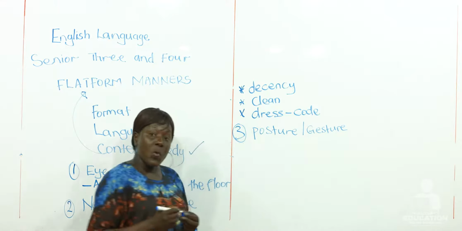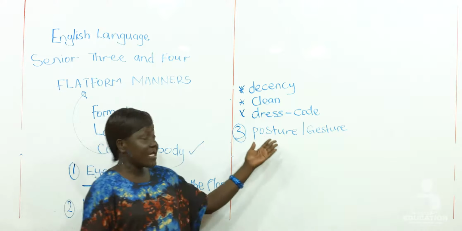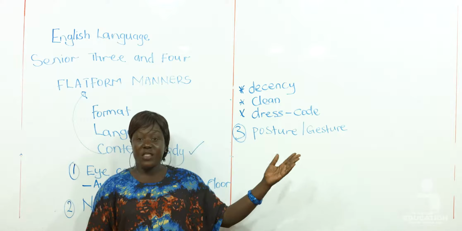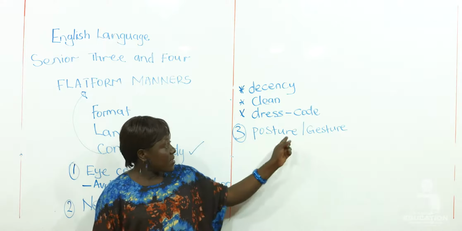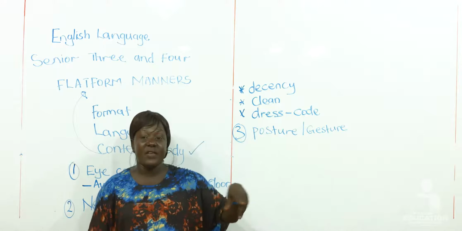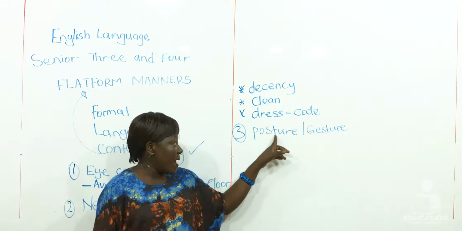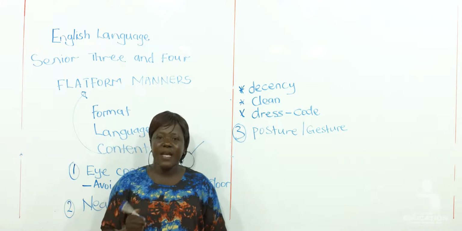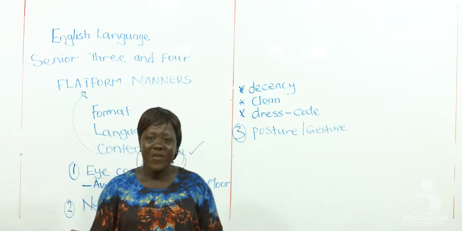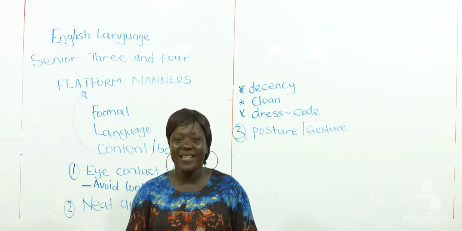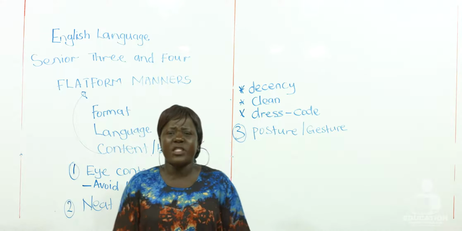Here, we have so many things to look at, my dear learners. It is not ordinary standing or sitting down, but standing or sitting down is part of it. If you are standing, then stand straight. That's the way I am standing now. I am addressing you and I am standing straight, but don't stand stiff.